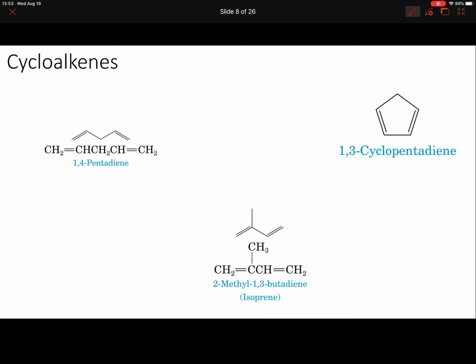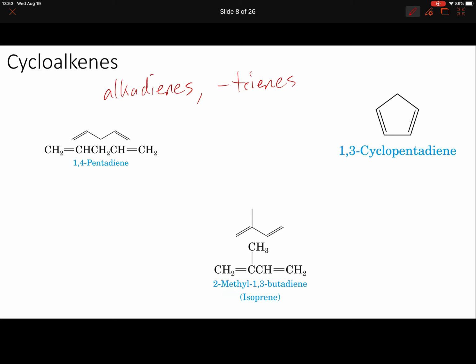There are sometimes alkenes and cycloalkenes that contain more than one double bond, and these are called alkadienes, or alkatrienes, and so forth.